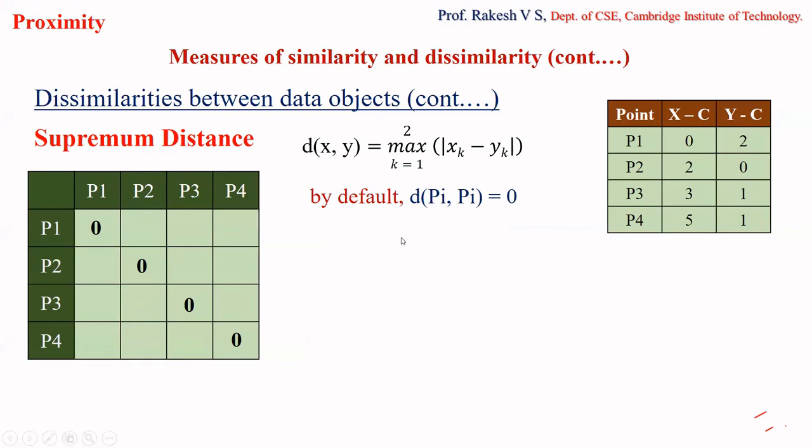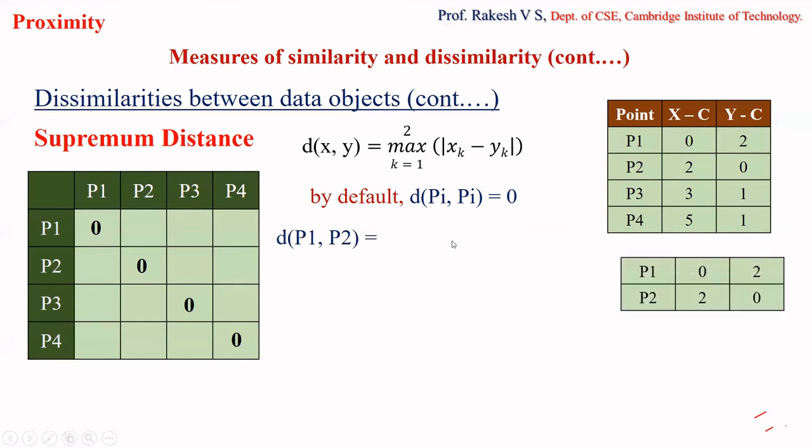Okay. Now first I'll consider P1, P2. So P1, P2 is nothing but xk, yk values are 0, 2 and 2, 0. So it is nothing but maximum of 0 minus 2 comma 2 minus 0, absolute value. So here 2 comma 2 is what I get.